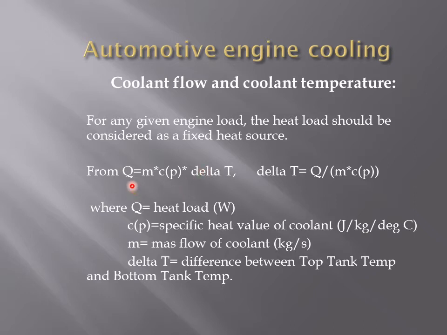Since Q is constant and Cp is constant, it means that if the mass flow is smaller, then delta T must get bigger, so that the terms on the right hand side is still constant.